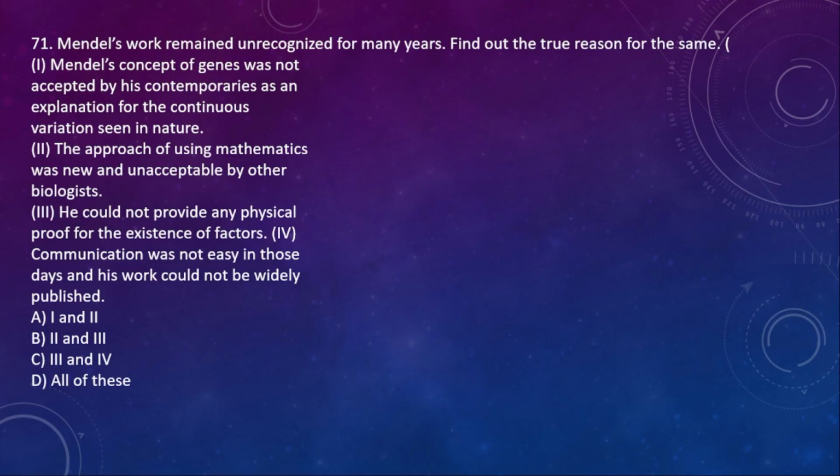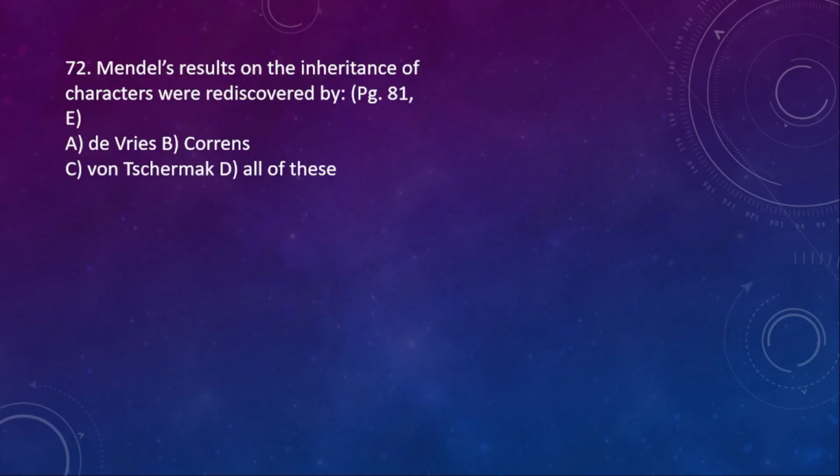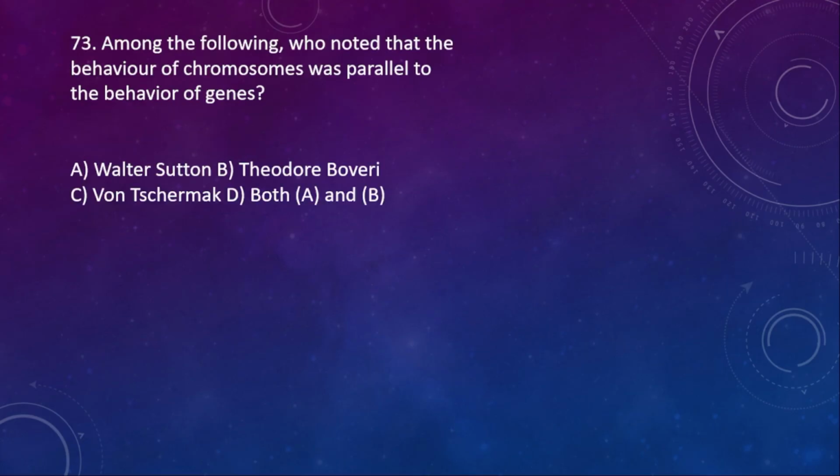So all of them are correct. 72. Mendel's results on inheritance of characters were rediscovered by De Vries, Correns, von Tschermak, and then all of these. So here option D is right.